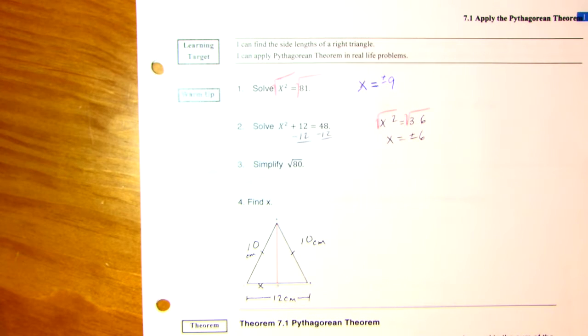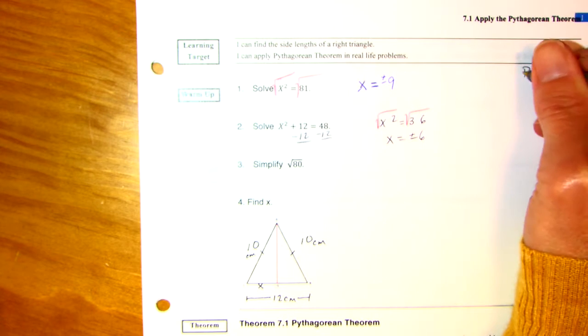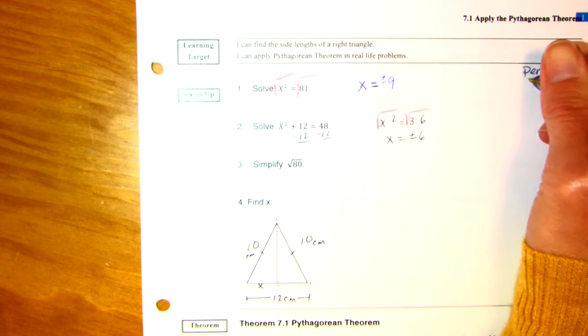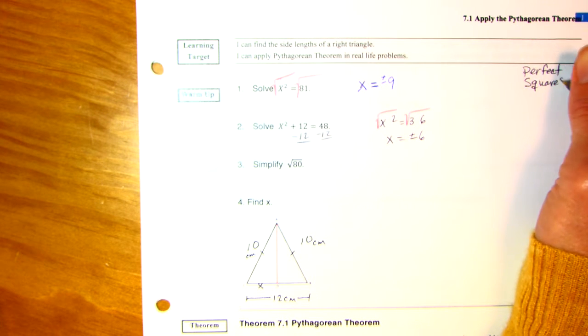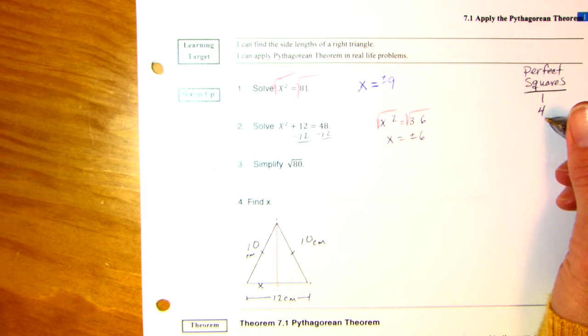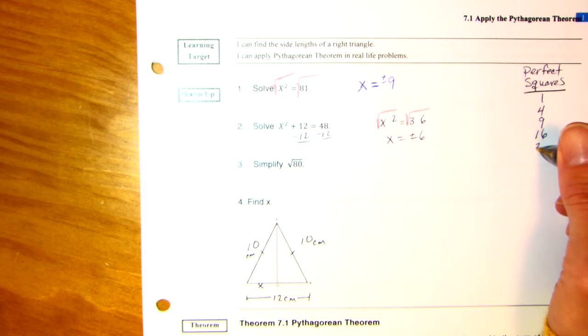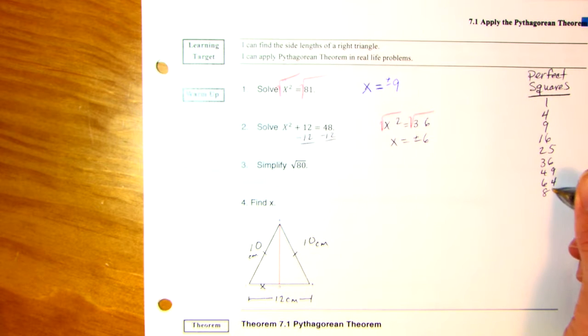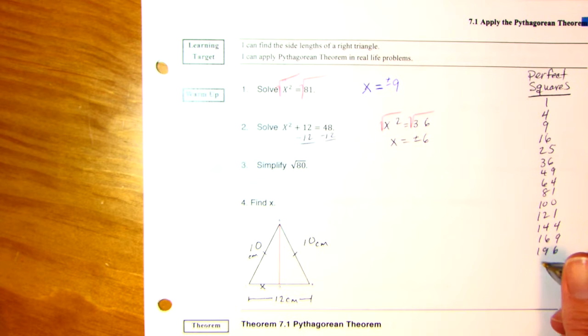So if you've noticed so far, we've been dealing with square roots. And I think it's also important to write down your perfect squares. Do you remember what perfect squares are? 1 times 1, 2 times 2 is 4, 3 times 3 is 9, 4 times 4 is 16, 25, 36, 49, 64, 81, 100, 121, 144, 169, 196, 225, that's 15 squared.